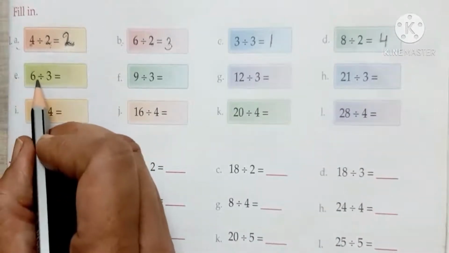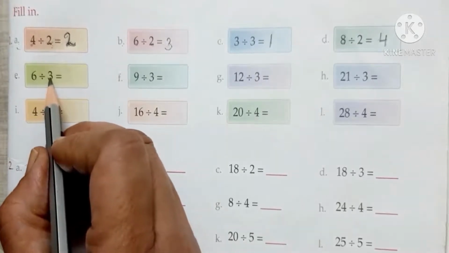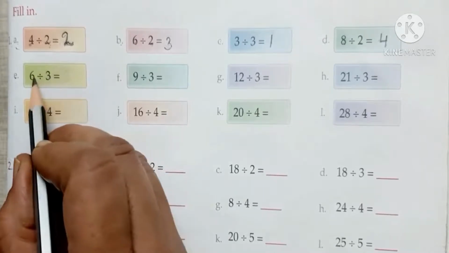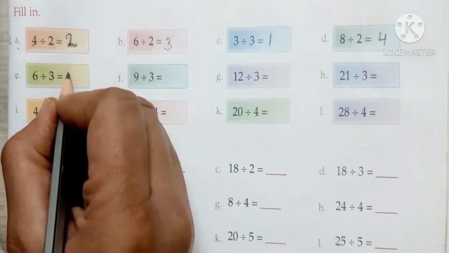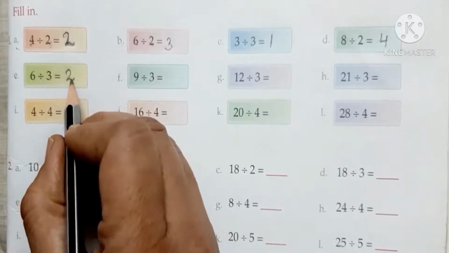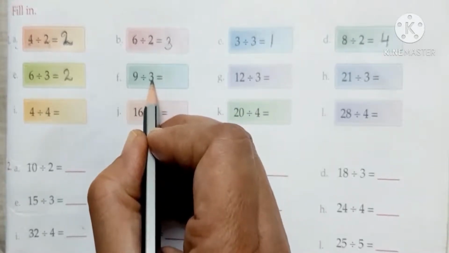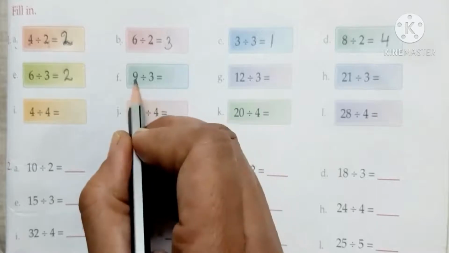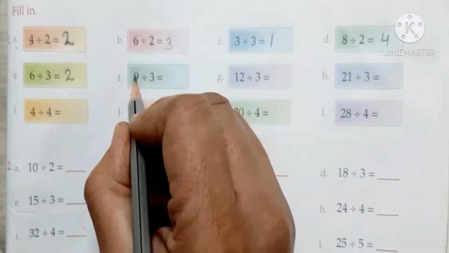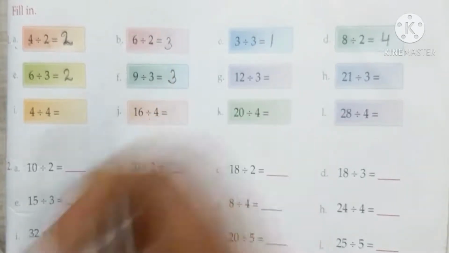E. 6 divided by 3. Recite the multiplication tables of 3 here. 3 1 is 3, 3 2s are 6. So write 2 here and this is your answer. F. 9 divided by 3. Table of 3. 3 1 is 3, 3 2s are 6, 3 3s are 9. So you will write here 3.